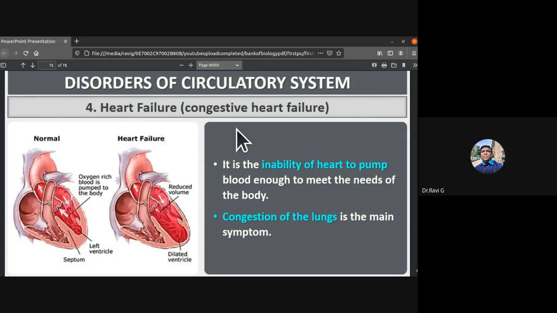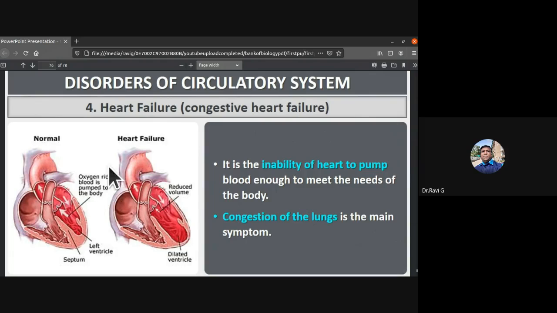Next is heart failure, or congestive heart failure. It is the inability of the heart to pump enough blood to meet the needs of the body.